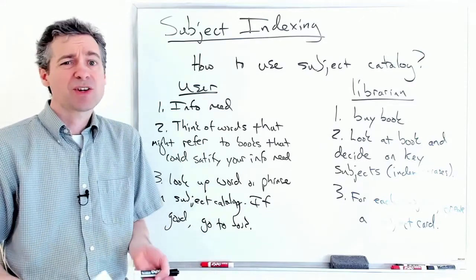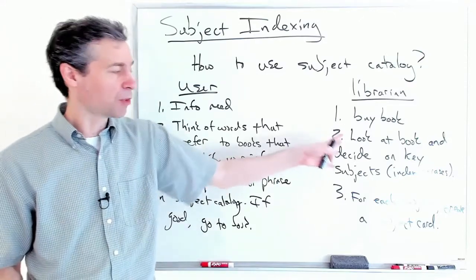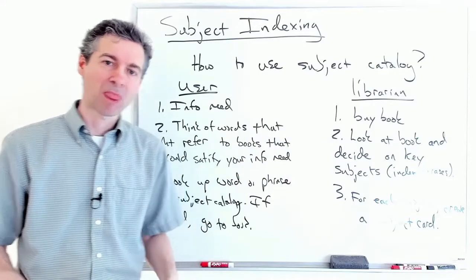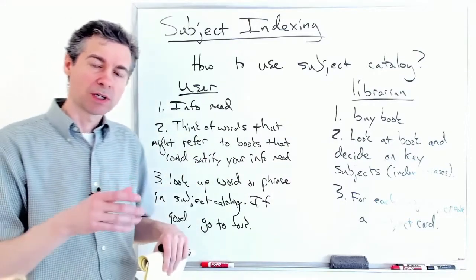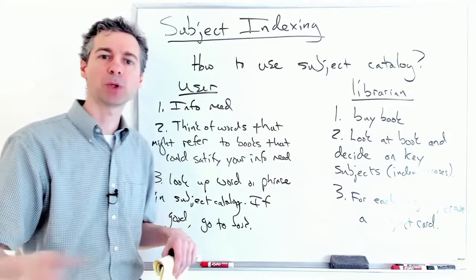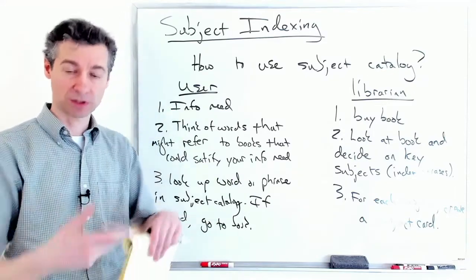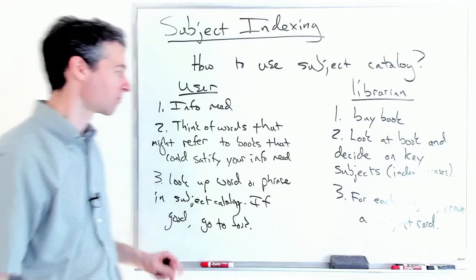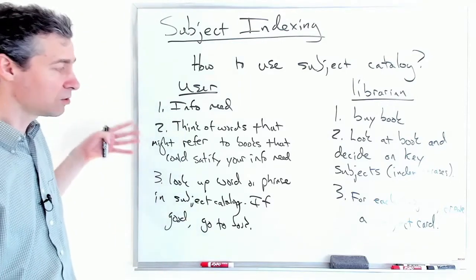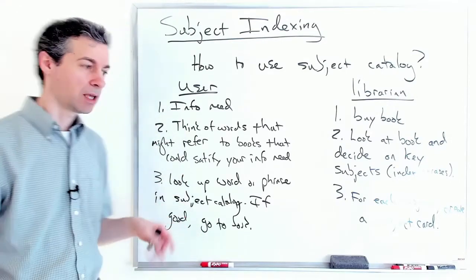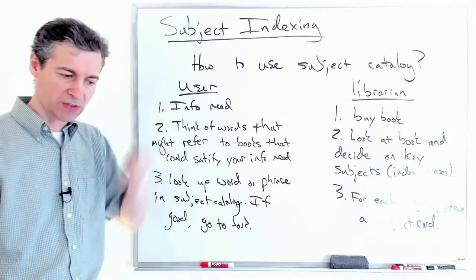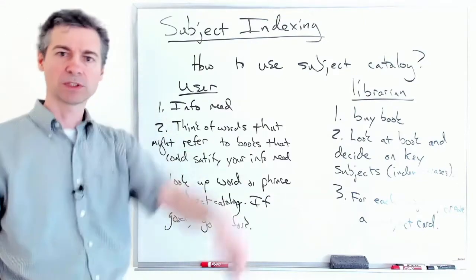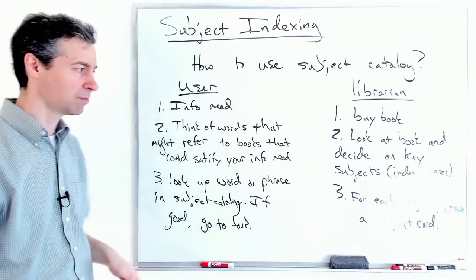Maybe they actually know nothing about what the book is really about. But their job is to pick the words that will best represent that book in their information retrieval system, their card catalog. The user of this system has to think of their need, think of words that they think will lead them to the items that will satisfy them. Okay?